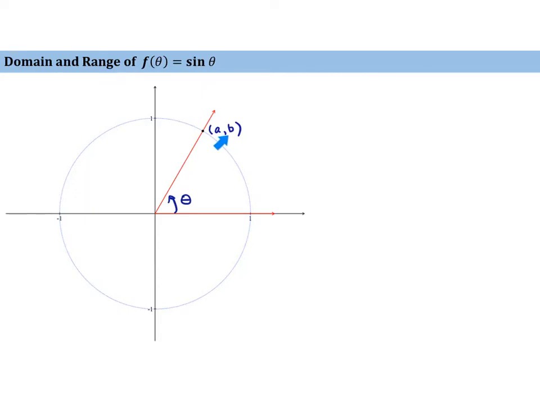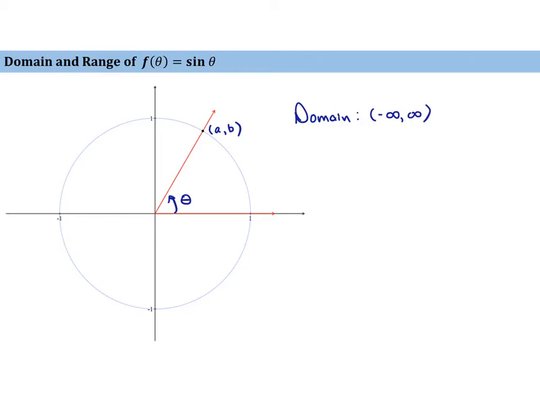Are there any places where B is not going to be defined? As you look at the output, there are no ordered pairs for which B will not be defined as we traverse the circle. So therefore, there is no unallowed value for theta. So the domain of the sine function is all real numbers, simply negative infinity to infinity.